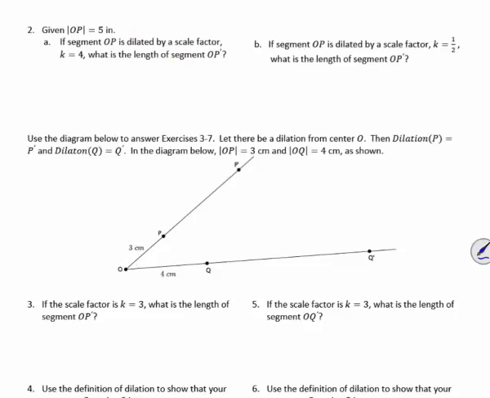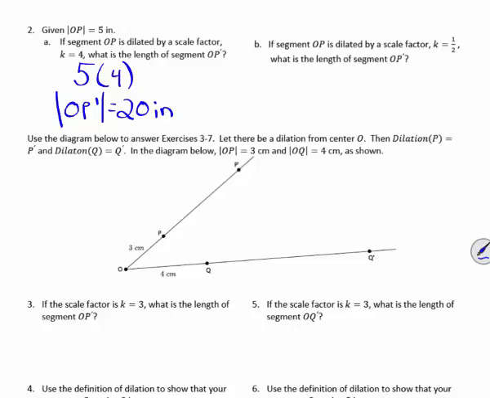So now here's our original, OP is 5 inches, the length of OP. If segment OP is dilated by a scale factor of 4, what is the length of segment OP prime? Well, we're going to take our 5 inches and multiply it by 4. So OP prime is 20 inches.